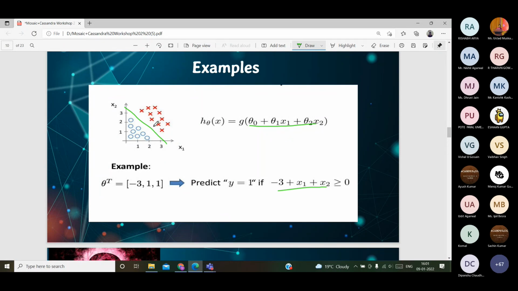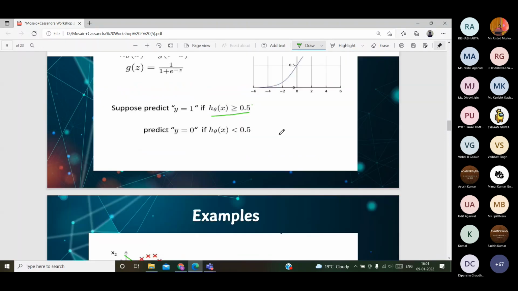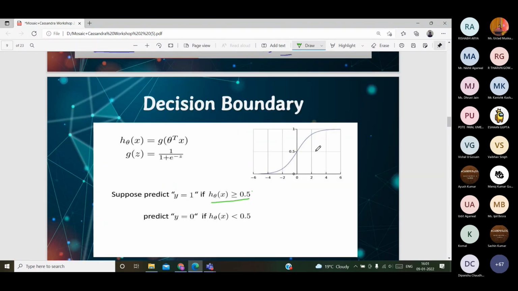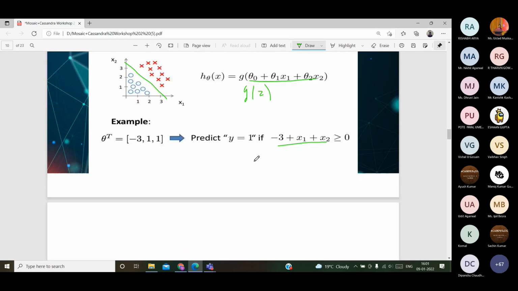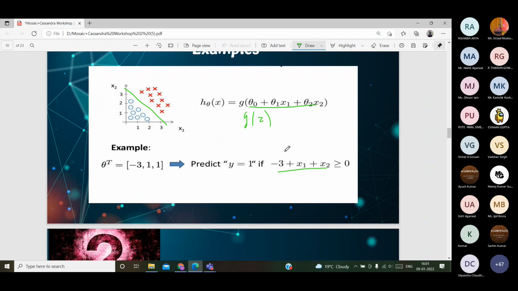Whenever we take a point and put it in this line equation, we get a value greater than 0. And when z is greater than 0, what does g of z give? It gives greater than 0.5, as you can see in this slide. So whenever we put a point in this equation and it is greater than 0, g of z is greater than 0.5, and that corresponds to the positive class.